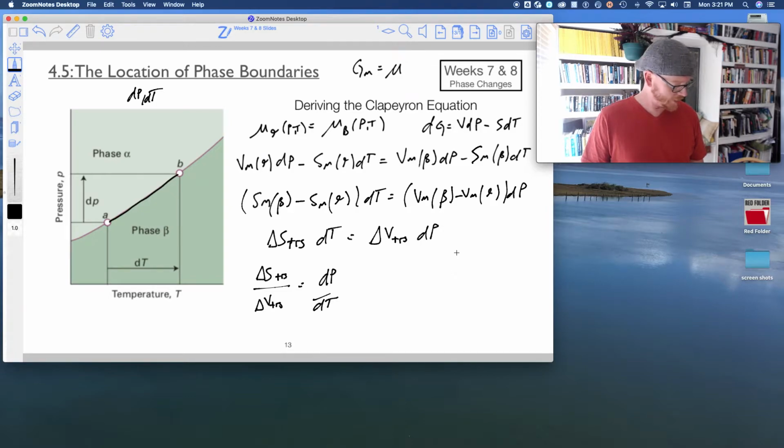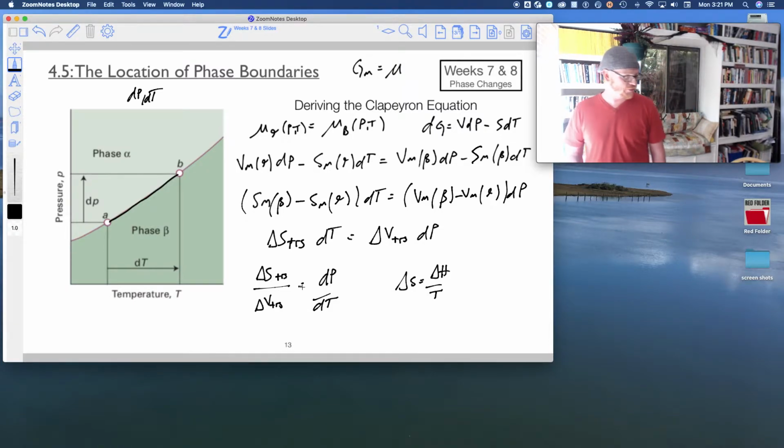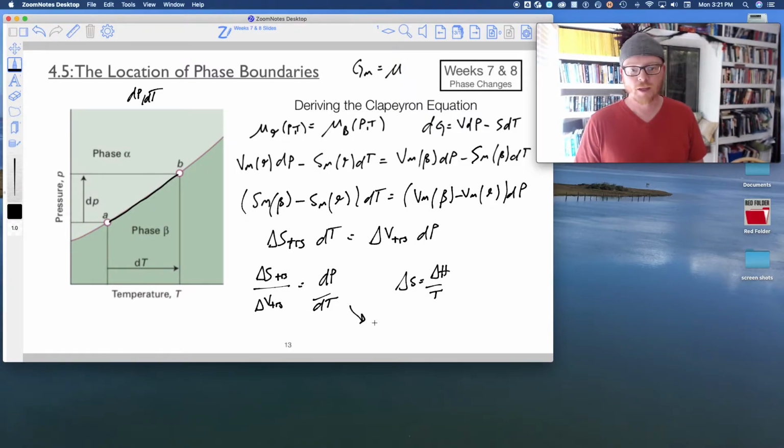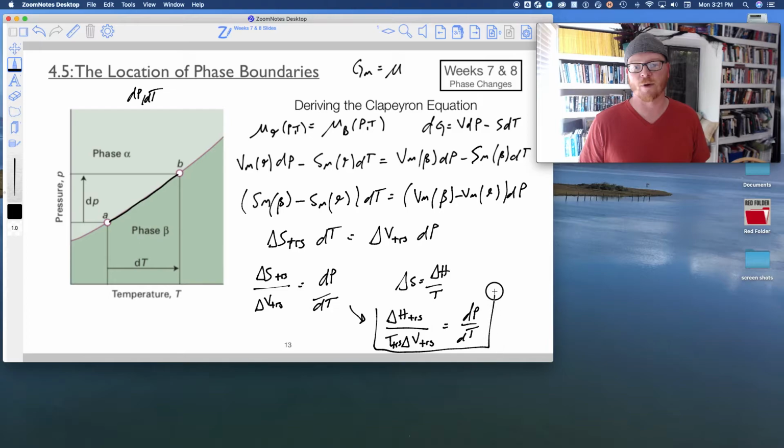And noting that delta S equals delta H divided by T, I'll make a substitution for delta S there. And this becomes delta H of the phase transition divided by T, and that's T at the phase transition, times delta V of the phase transition equals dP by dT, and this is the Clapeyron equation.